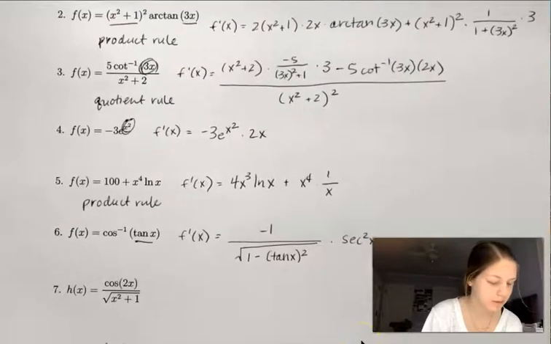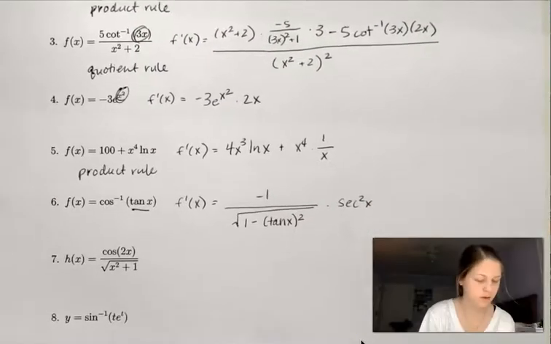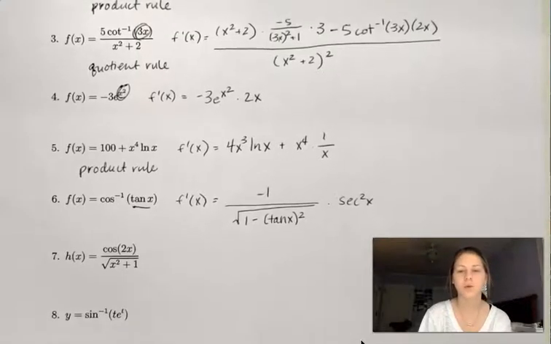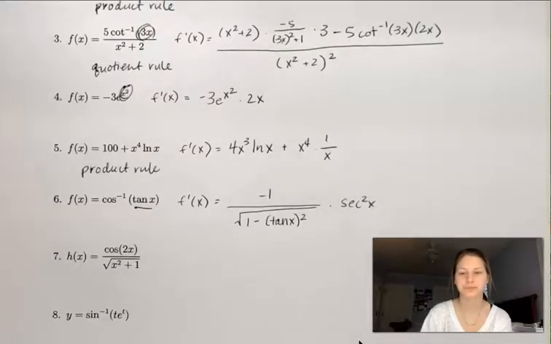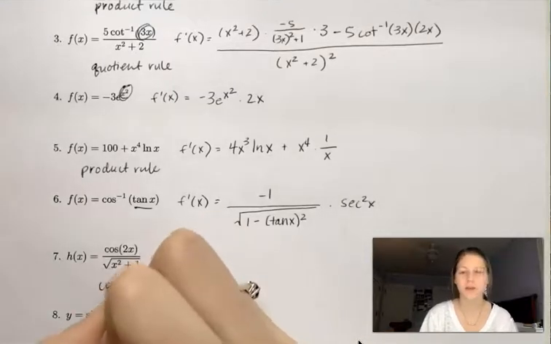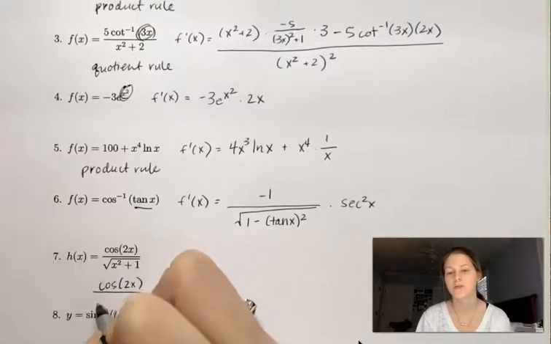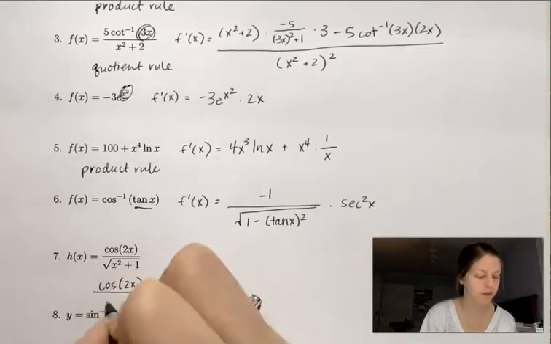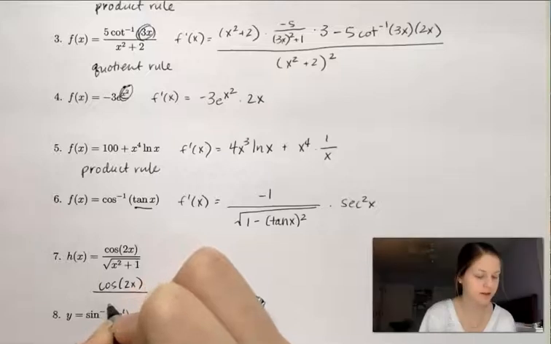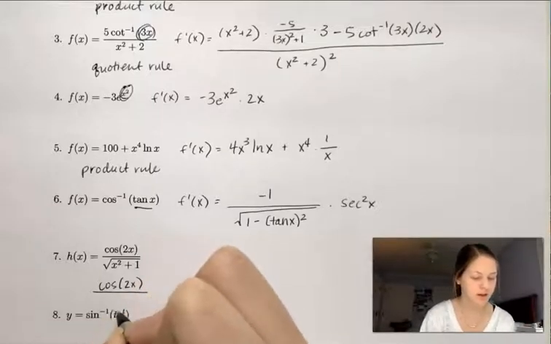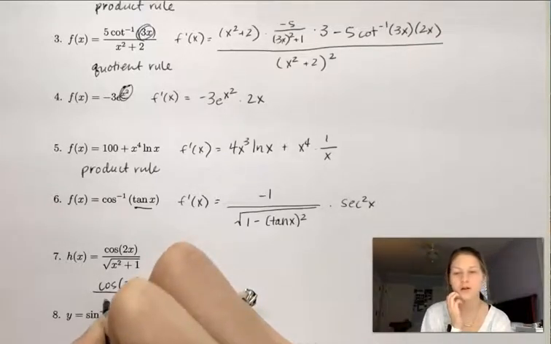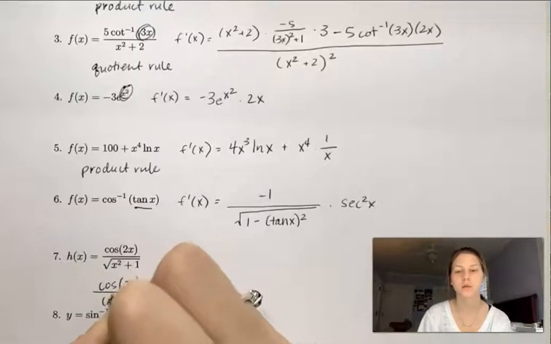And then, so moving on to number 7, this is a quotient rule question. And so we're going to rewrite this. We're going to rewrite the square root of the denominator because it'll help us use the power rule when we're finding the derivative.